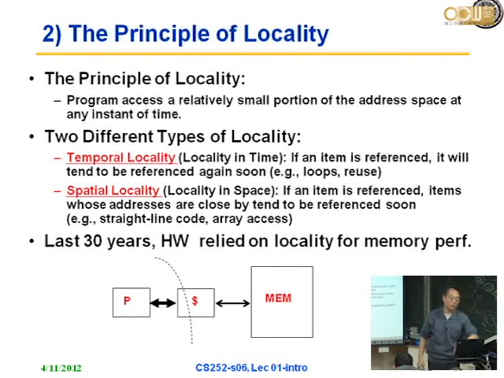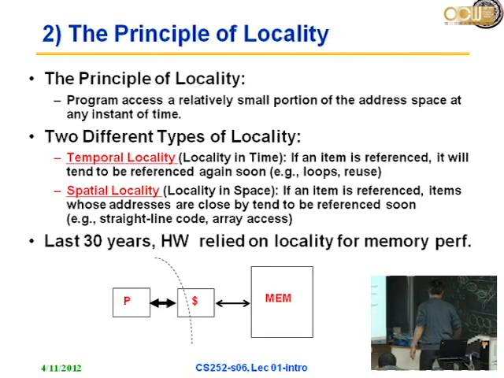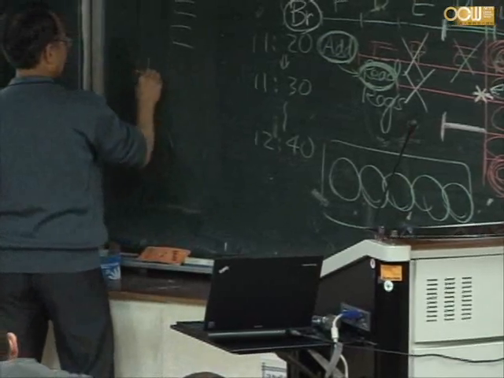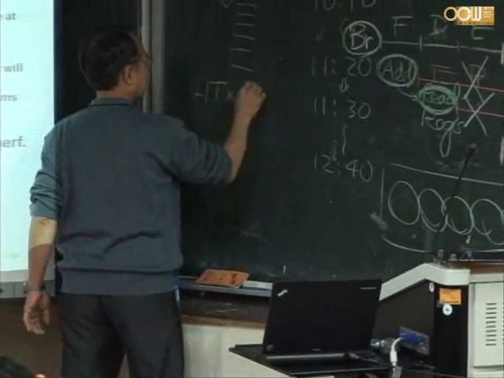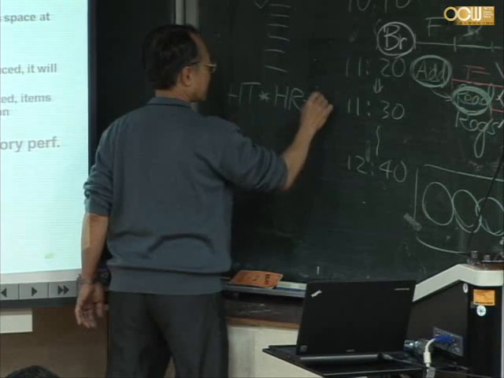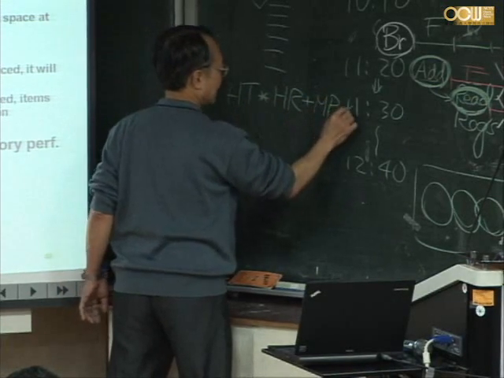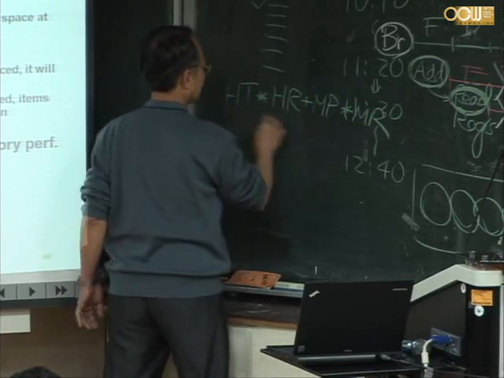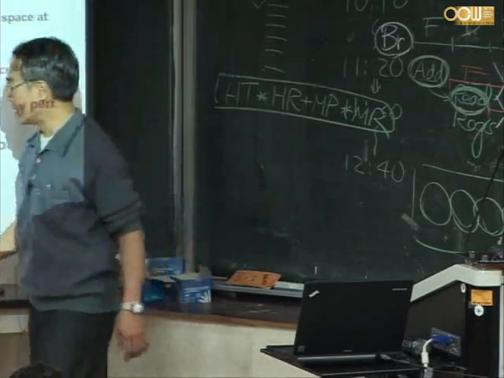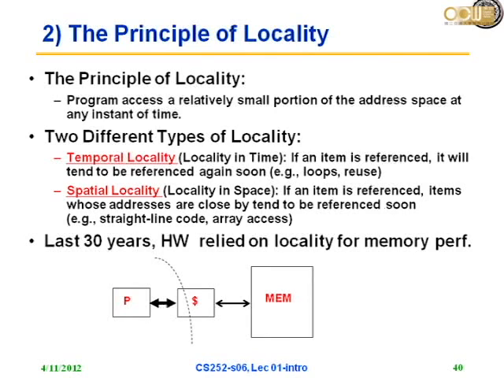In a cache design, what you really need to care about is hit time plus miss penalty times miss rate. This is what you really need to care about for a cache design, but the level 1 cache is very different. You care more about cycle time. Hit time, you care more about hit time.